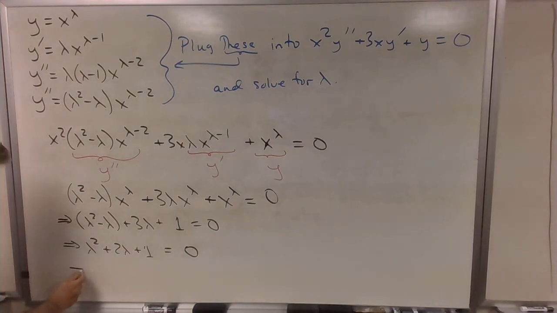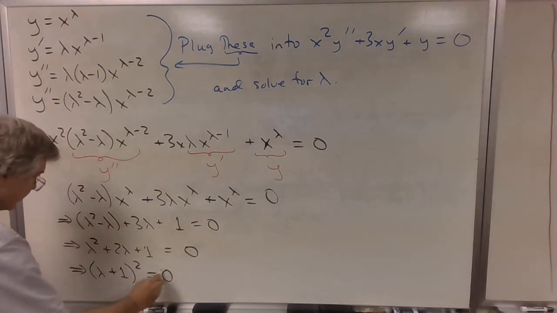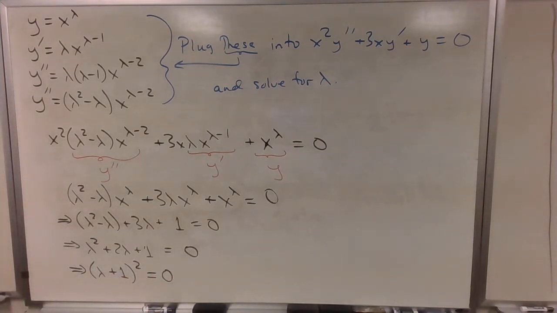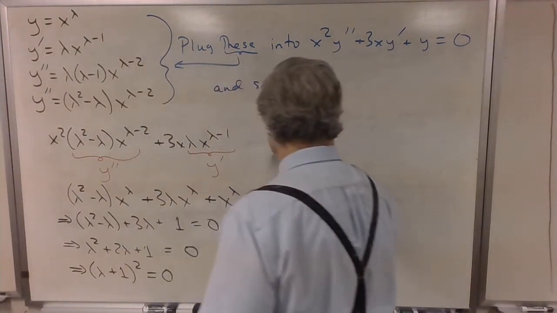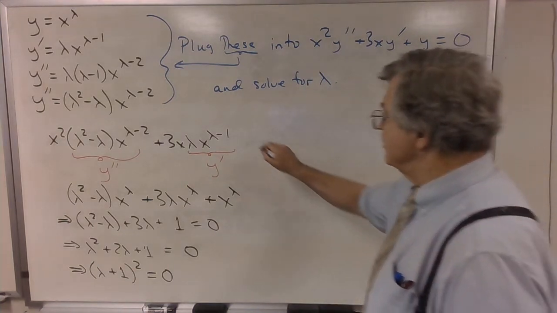And that looks like lambda plus 1 quantity squared. And in fact, that's what it is. So we have the dreaded double root.